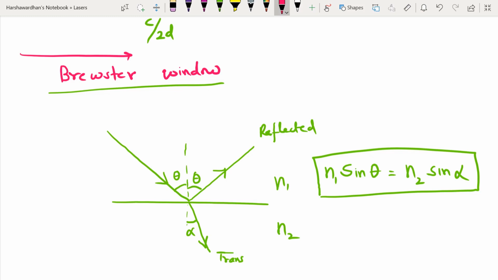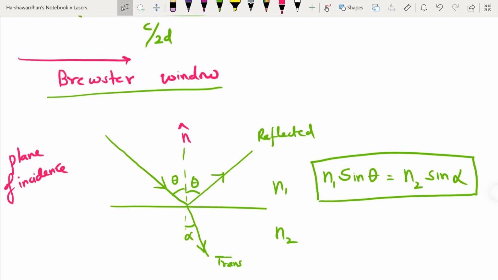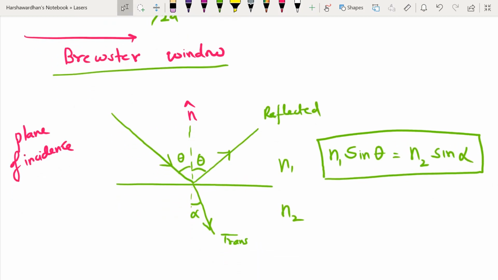The plane formed by the input ray and the normal, right? This is my normal to the interface. So the plane formed by the input ray and the normal, as you know, is called the plane of incidence. I can break down my input radiation into two kinds of polarization.